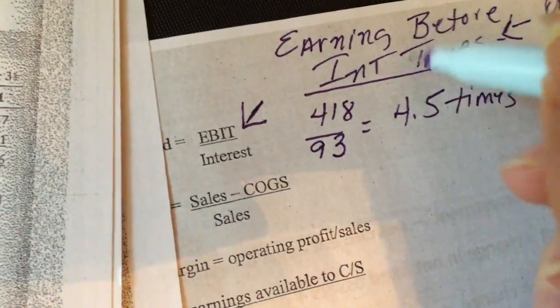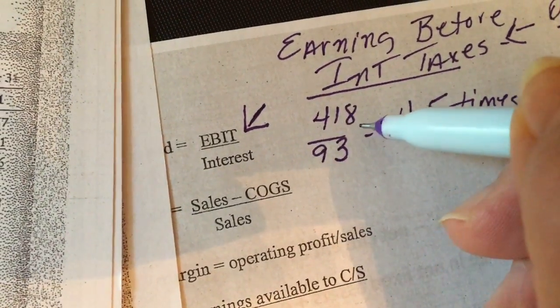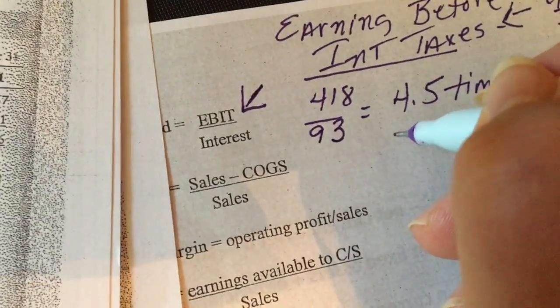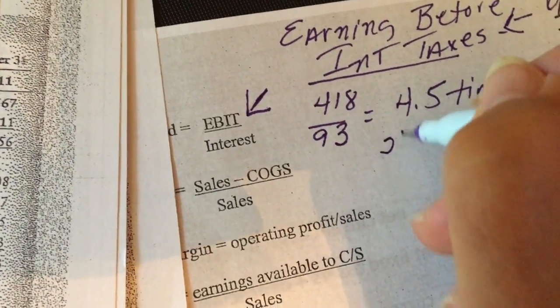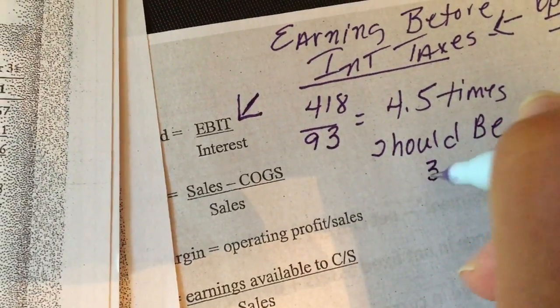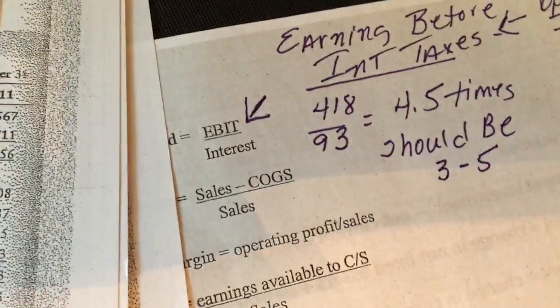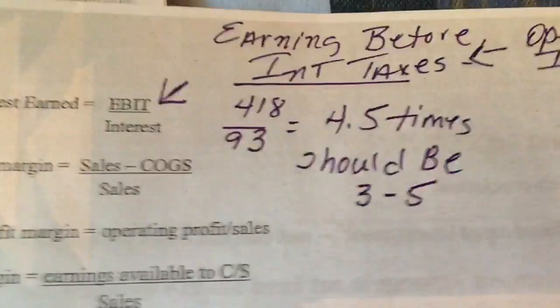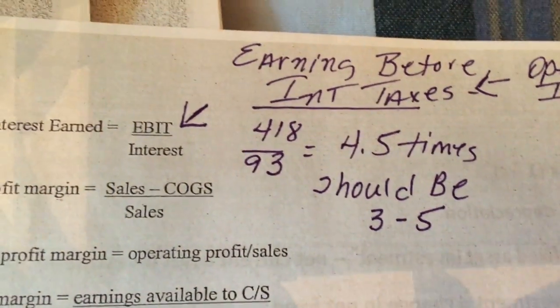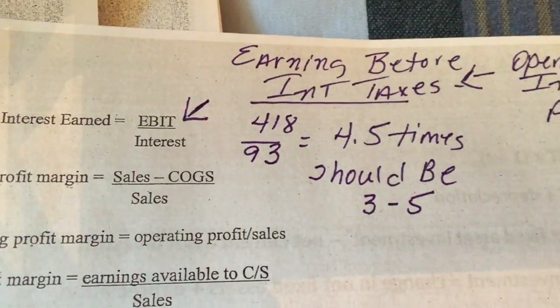That means that we can pay our interest on our loans 4.5 times. Now, banks like that. The general measure should be between 3 to 5. Banks like to see that you have enough earnings to be able to pay the interest that's owed them. So both of those ratios are measures of debt.